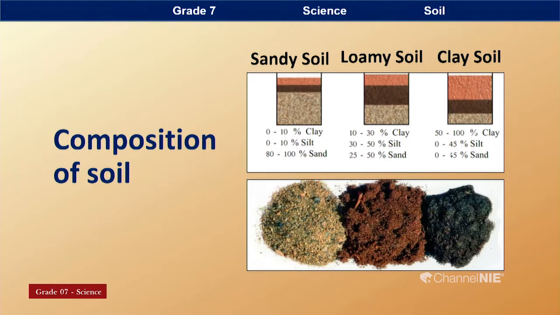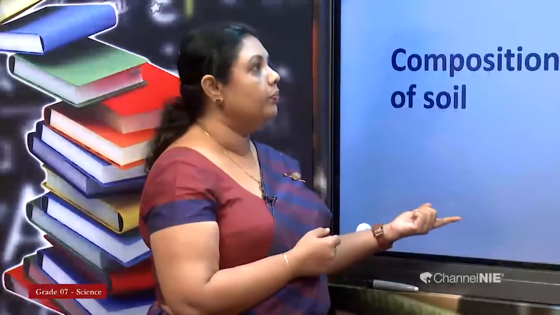Then, when you go to clay soil, the most amount of soil is formed out of clay. So, that is how you differentiate soil from one to another. I hope you can understand how the composition is made now.